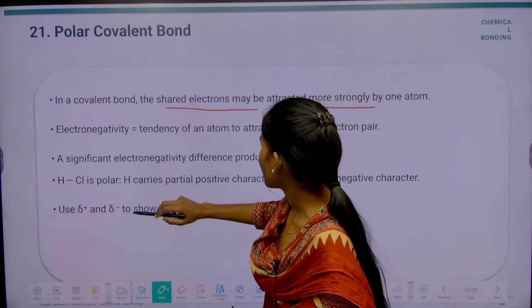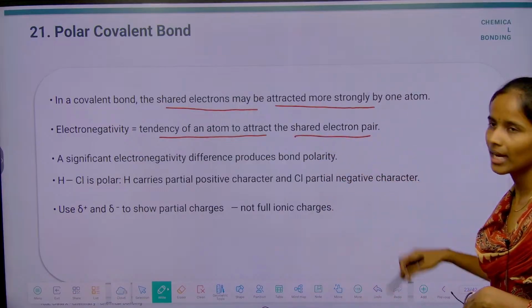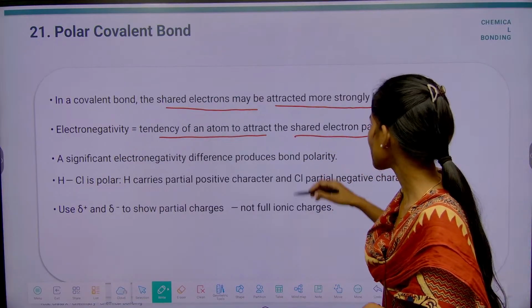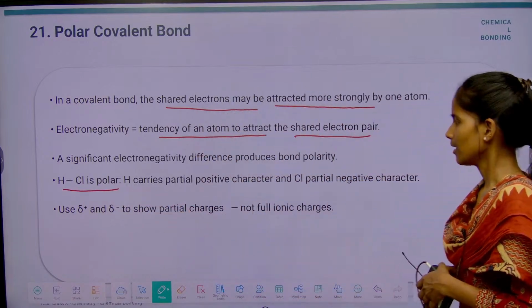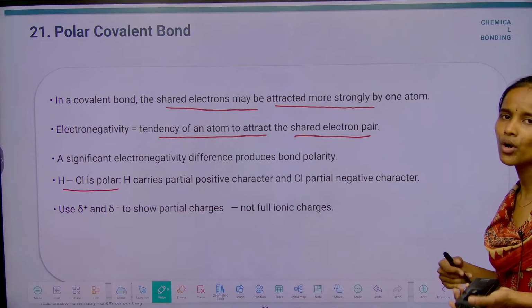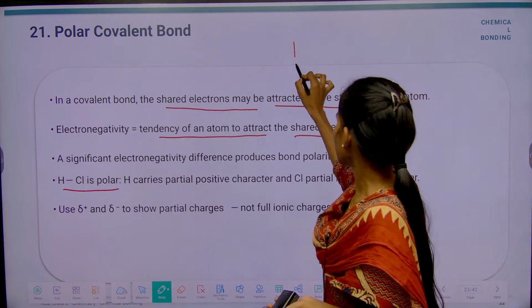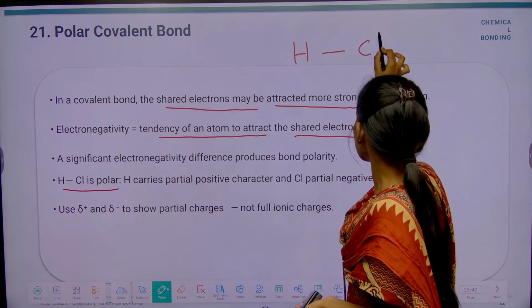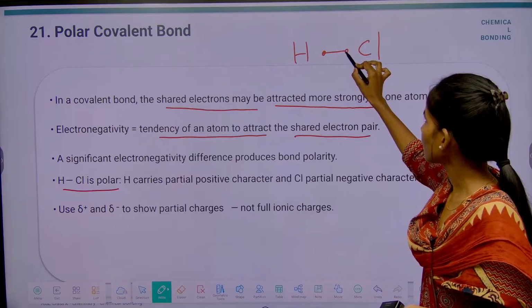Now here we have electronegativity, the tendency of an atom to attract the shared pair of electrons. We will see an example. Here I have given HCl as an example. HCl we normally call a polar bond. Why? Because in hydrogen and Cl, as we have discussed, it is a covalent bond because of the shared pair of electrons.